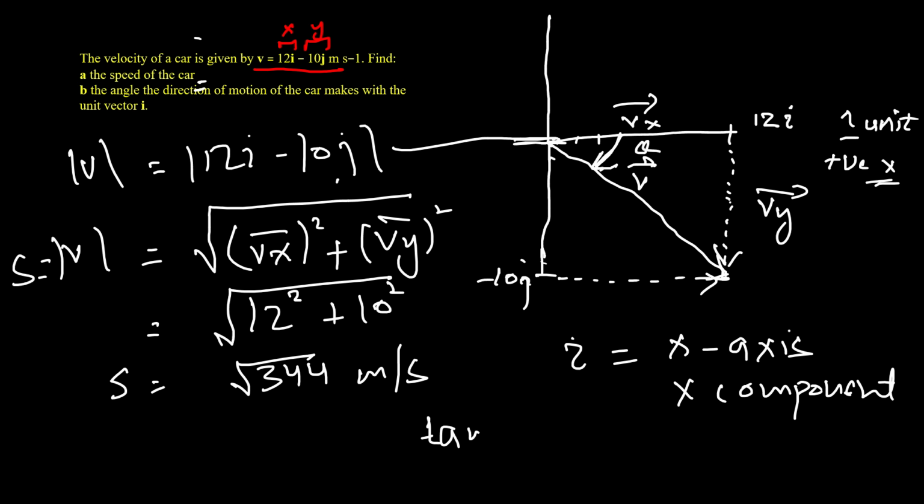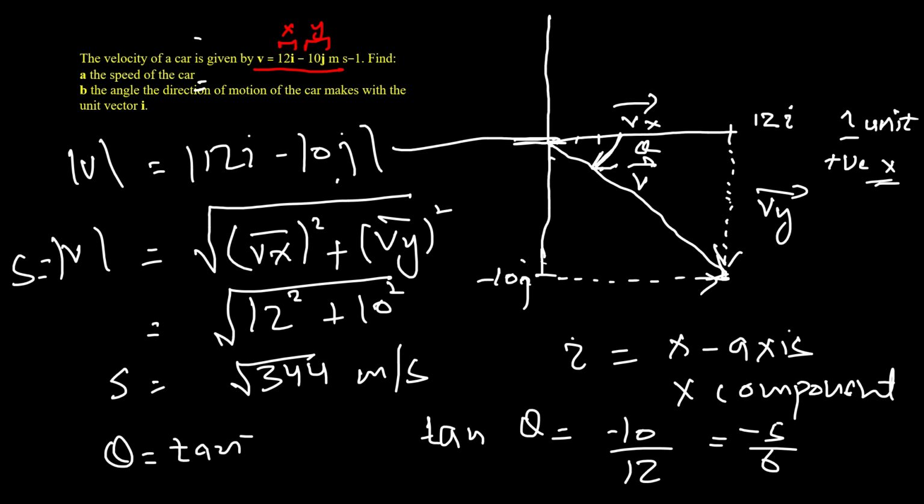Tan theta is equal to minus 10 over 12, that's negative 5 by 6. So we can simply take the inverse function of tan, and we'll get the value of theta. Theta is equal to tan inverse of negative 5 by 6.